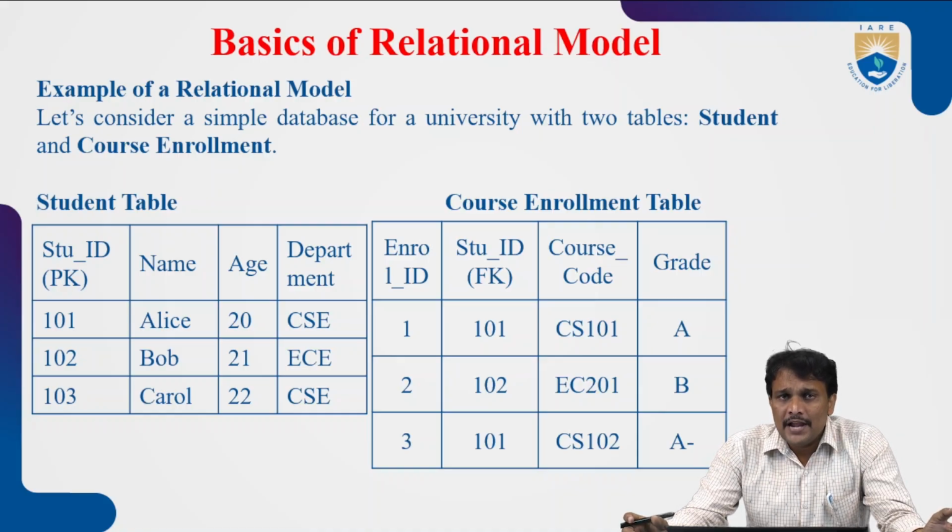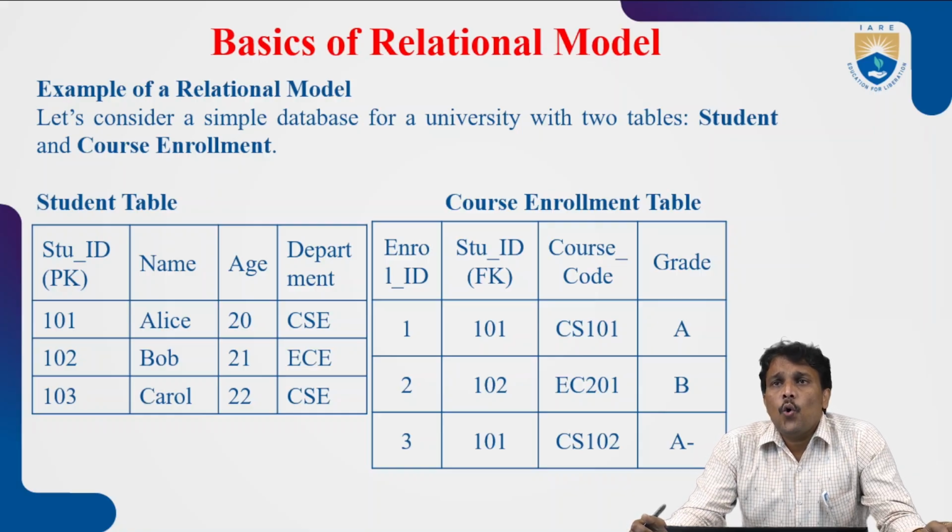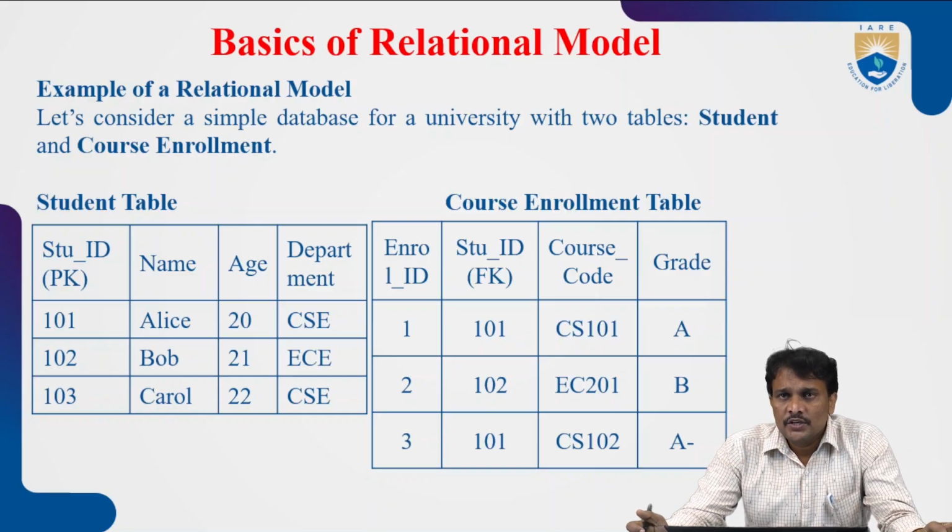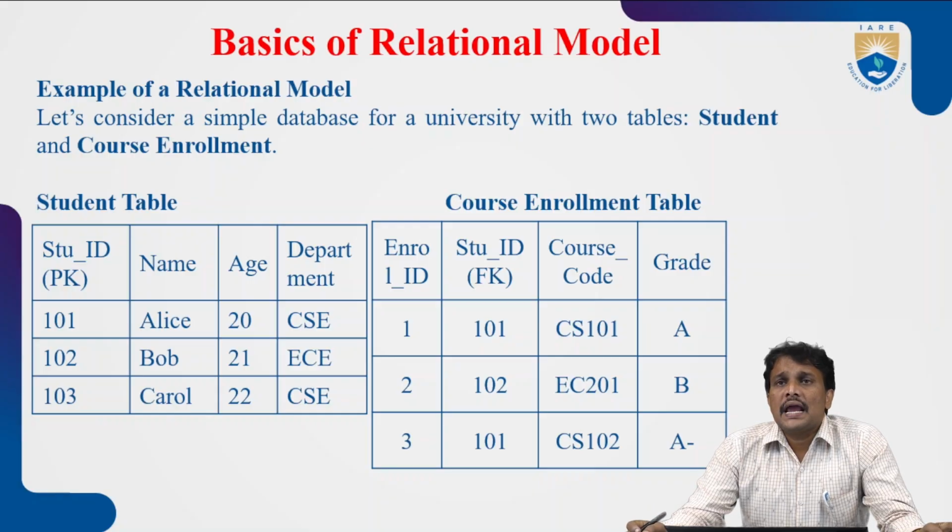Among these attributes, student ID is the primary key attribute. And coming to the next table, the course enrollment table, which consists of the attributes enrollment ID, student ID, course ID, grade.